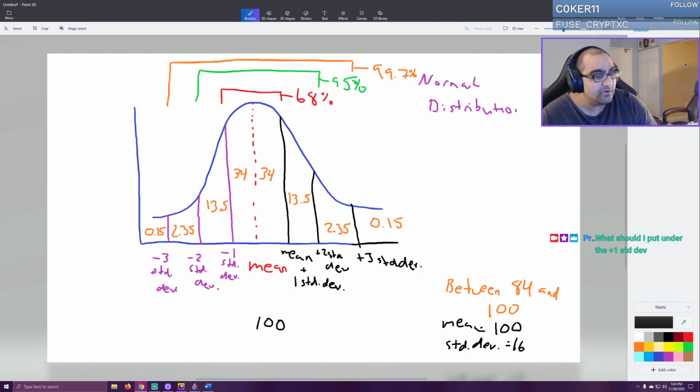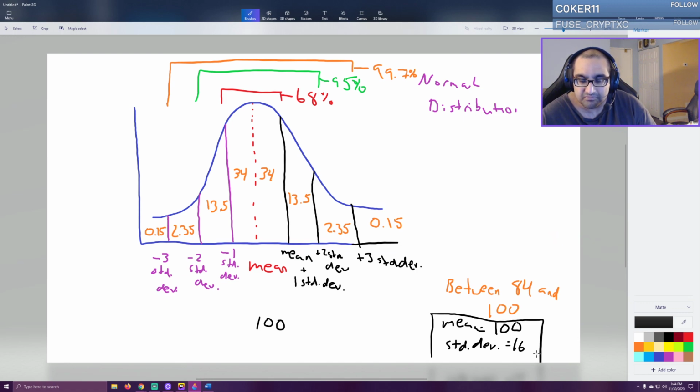So, I want the mean plus 1 standard deviation using the numbers that we got here. Can anybody tell me what the mean plus 1 standard deviation is going to be?